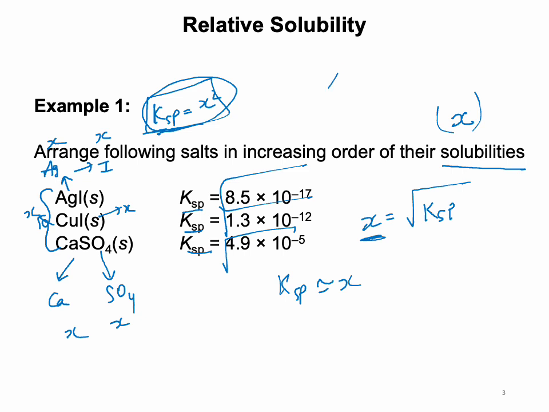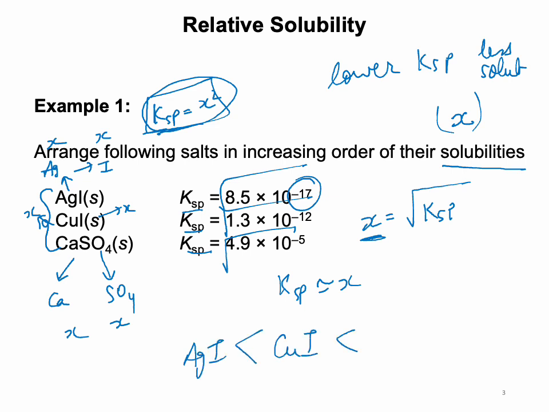So the one that has low Ksp has less solubility. The one that has a high Ksp is more soluble. So the lowest Ksp I see is this, which means the lowest will be AgI. Then greater than that is going to be CuI, and the highest of them all is calcium sulfate.